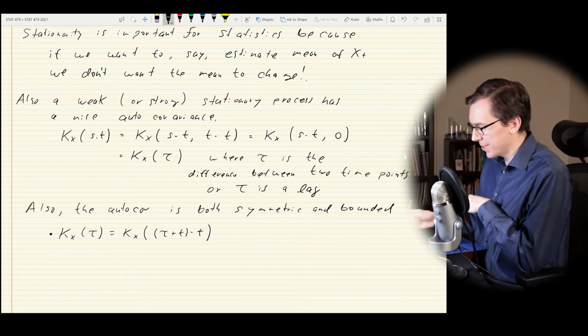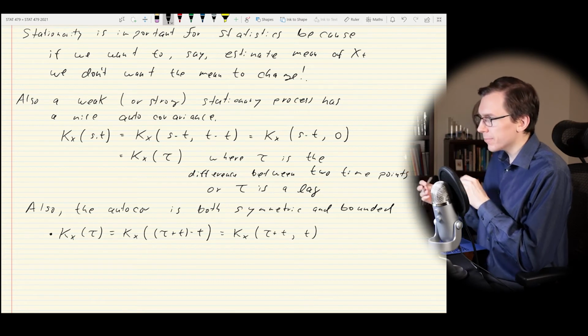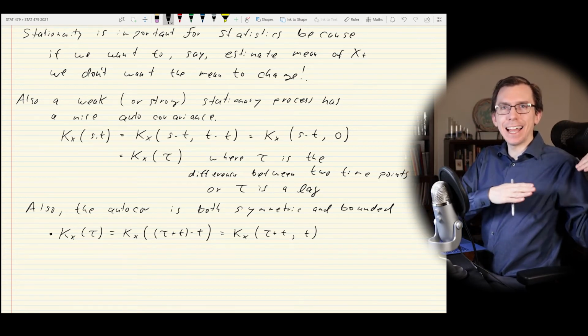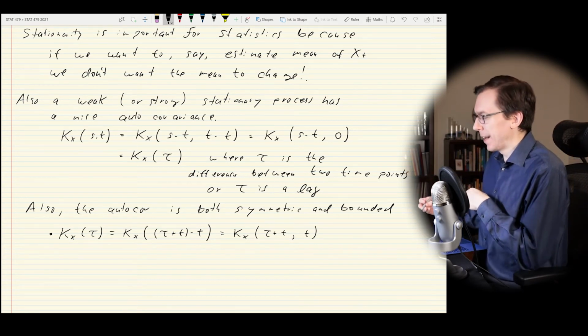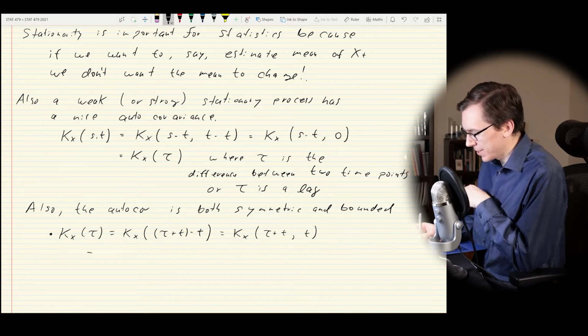But if we go back to the definition of autocovariance, we can do this at two time points, tau plus t and just t. Okay, so now we've reverted from the lag definition to just the regular definition. And then we can flip the order.